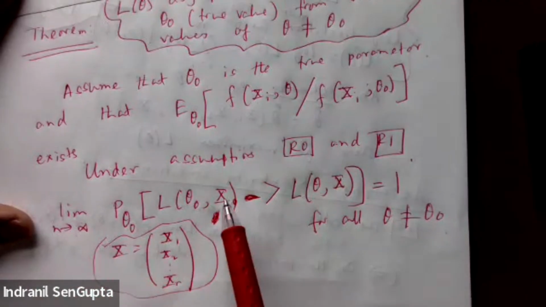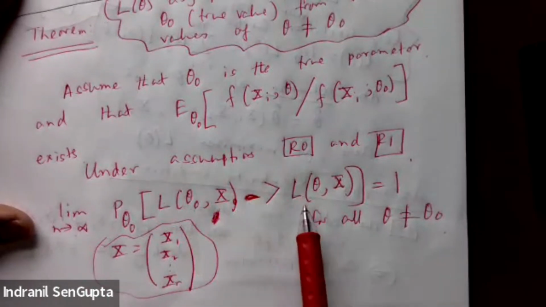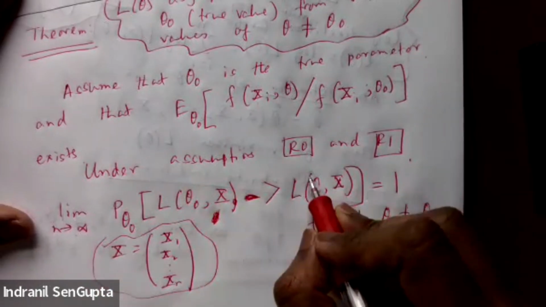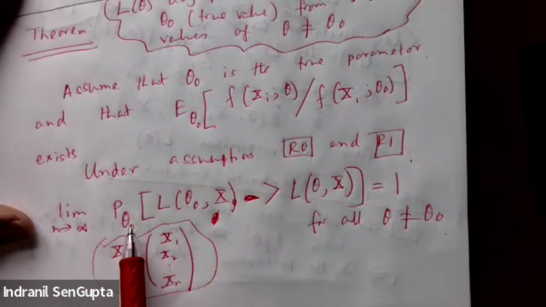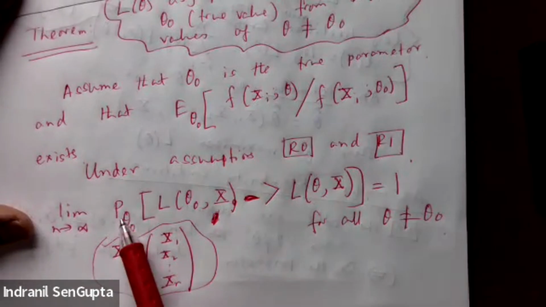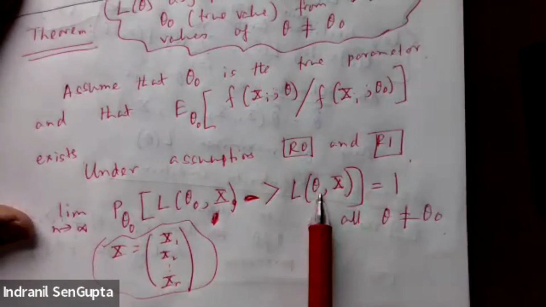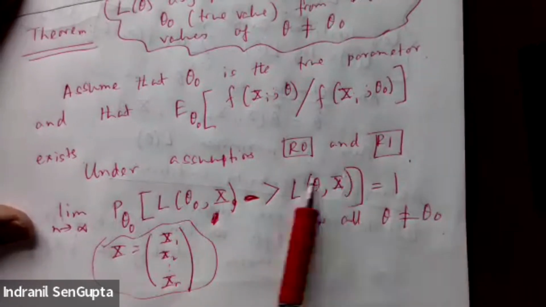So what is happening? The probability that L of theta 0 x is more than L of theta x, under the assumption that the actual parameter is theta sub 0, is going to 1, as long as theta is not equal to theta 0. So that means it's clearly separating.